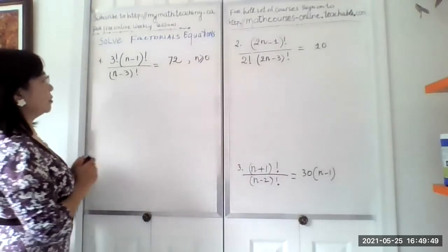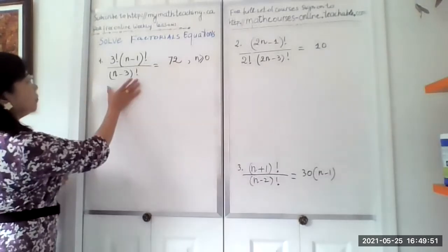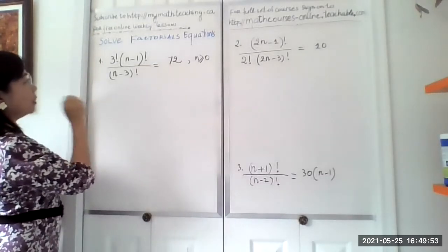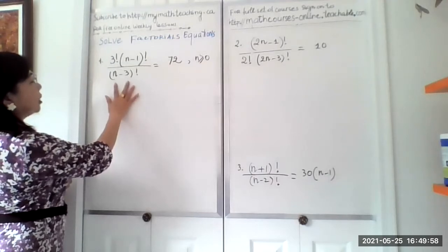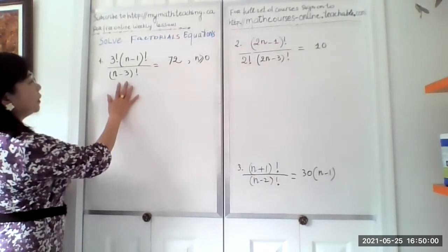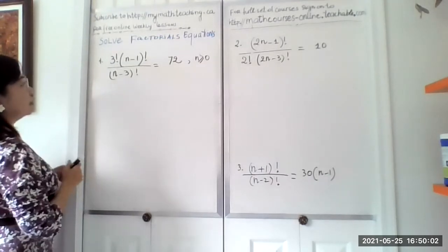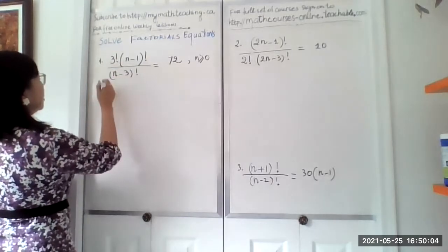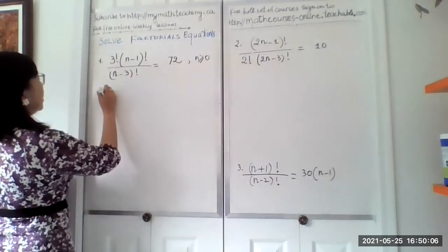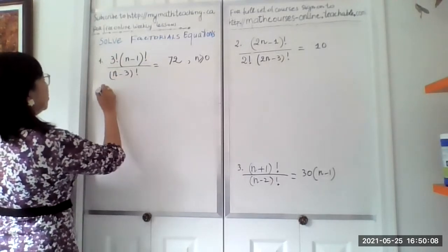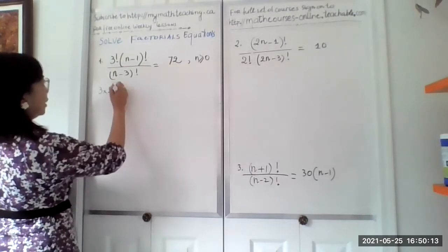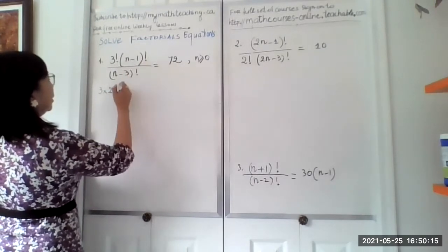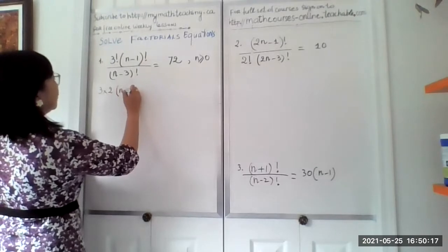Now, let's do this. First, I am going to try to cancel the factorial at the bottom. On the top, I will have 3 factorial, which means 3 times 2 times 1, and I don't have to put times 1. N minus 1 factorial, just leave it for now.